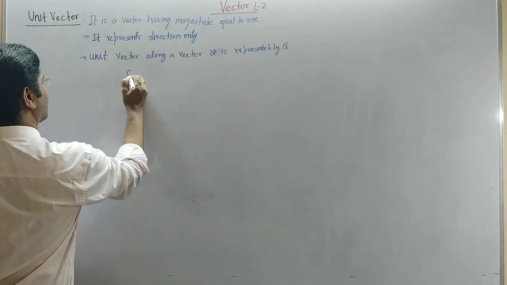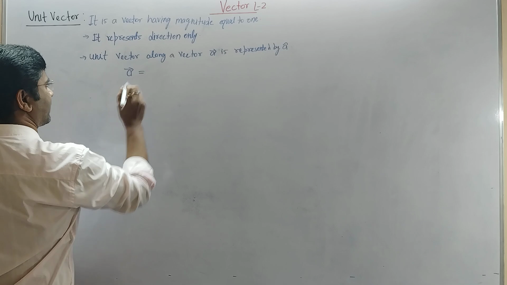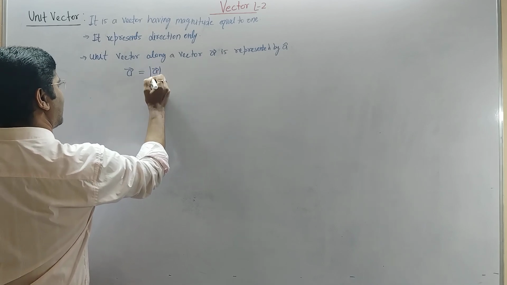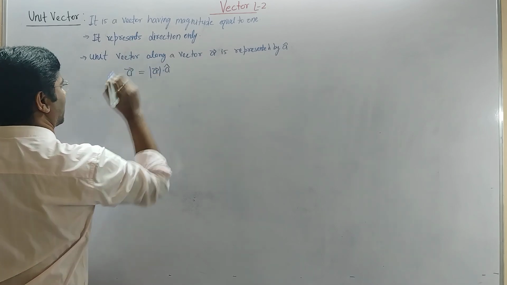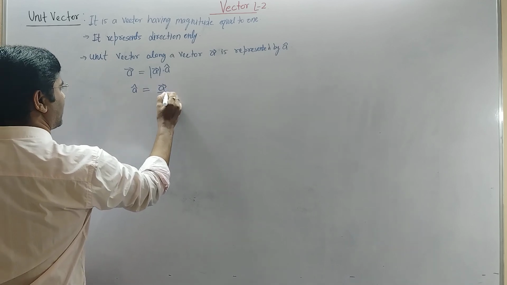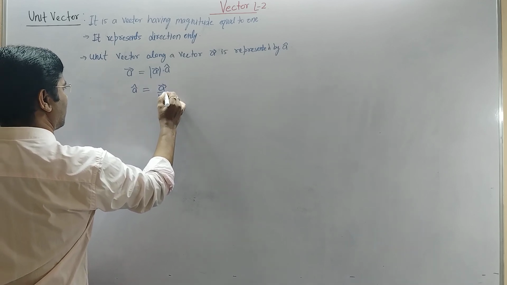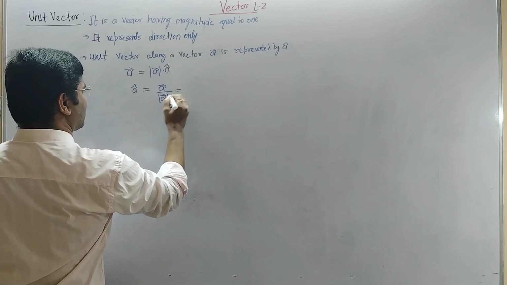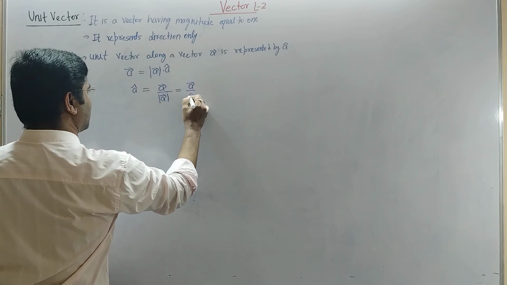If I want to represent vector A, vector A means magnitude and direction. Direction is A cap. So we can write A cap equal to vector A upon magnitude of this vector A. This magnitude is also written in this form.